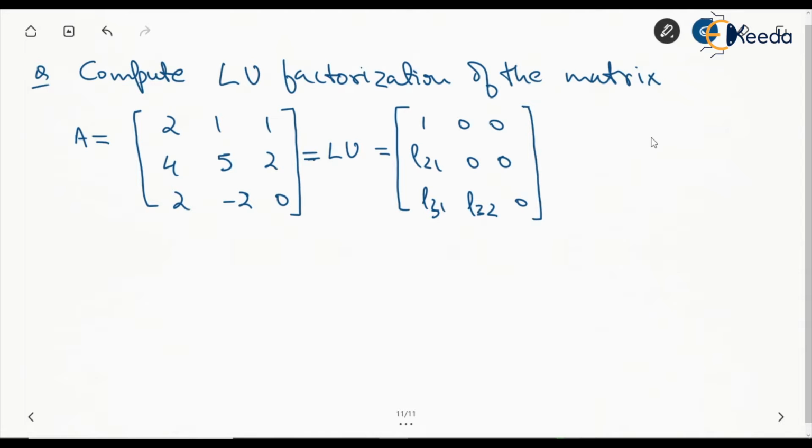Let's keep these diagonal elements 1 in this form. Then we will have all the elements to be unknown in U, U11, U12, U13. Obviously these elements are going to be 0, so U22, U23 and U33.